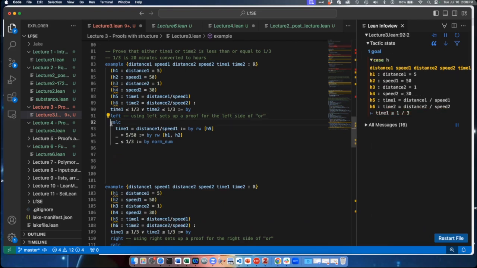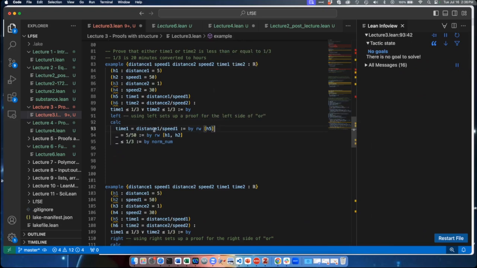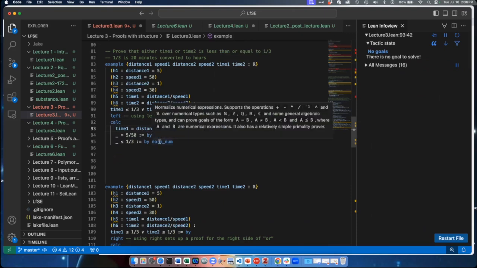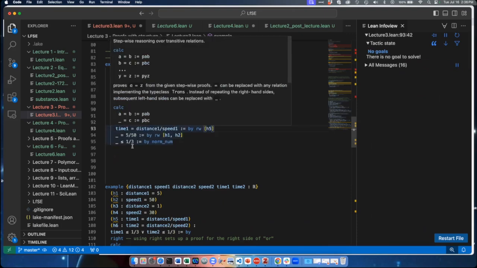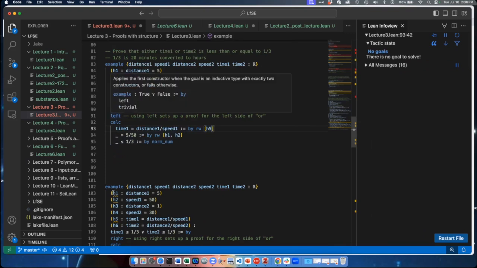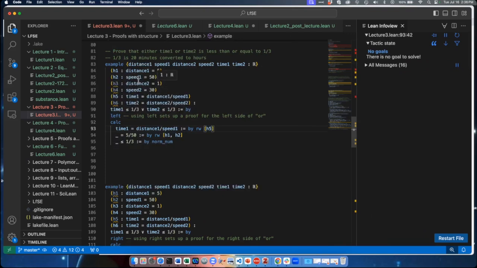Then we do a calc block, and this one is relatively simple. We have distance 1 over speed 1. We pull that hypothesis in, we do a calculation with substituting my numbers, and then norm num to close it off. So that's one way to do this. You'll notice that we have 3 little underlines.